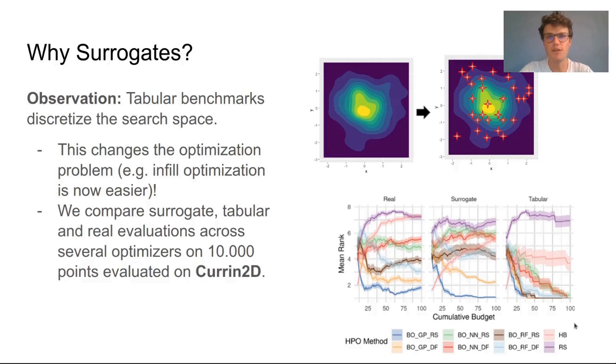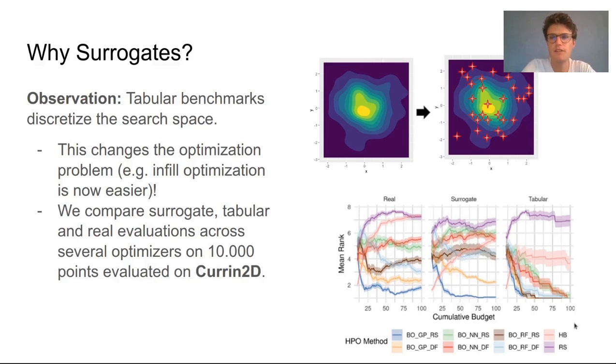So why surrogates? Tabular benchmarks discretize the search space, so they can only contain points that have been evaluated previously. This changes the optimization problem. For example, infill optimization during Bayesian optimization becomes way easier because we can evaluate only a fixed set of points.